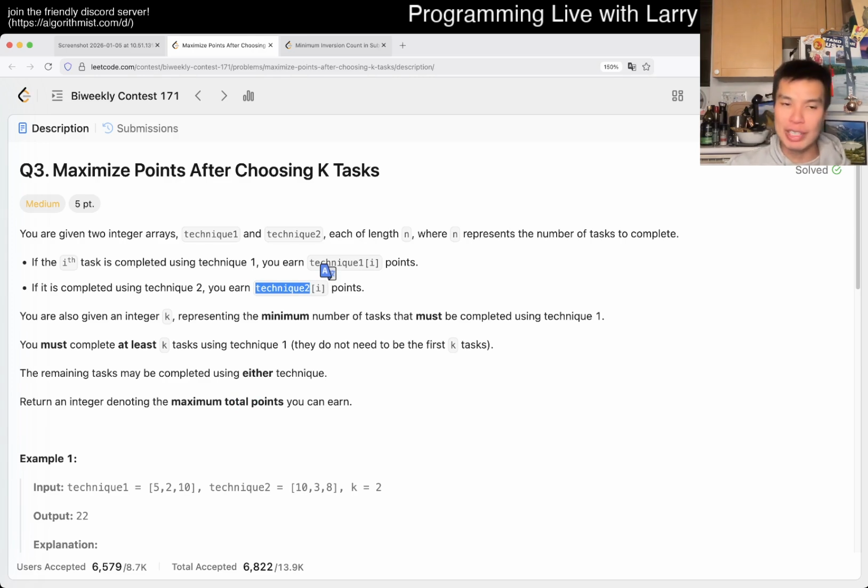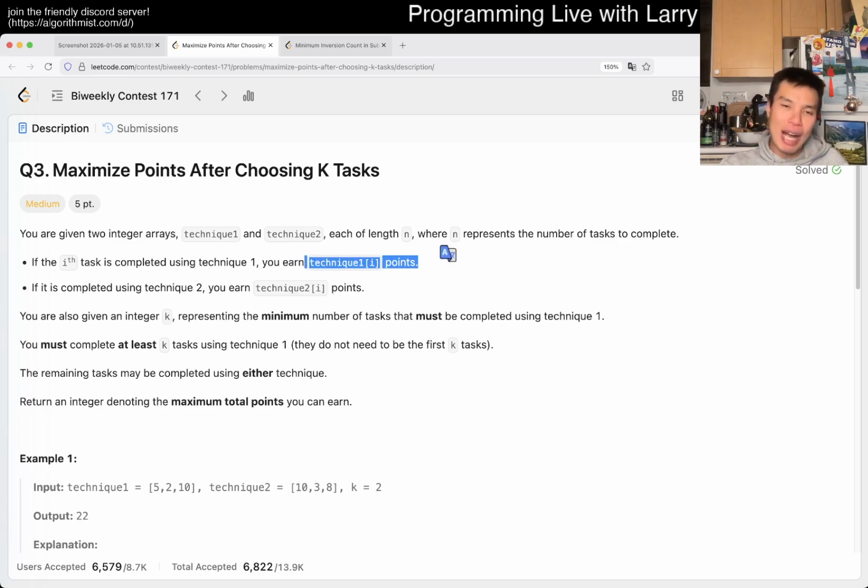So the way that I wrote it, and there are other ways of writing it for sure, is that I set the baseline as technique 2, meaning that we always choose 2, and then you get a certain amount of points. And then now you have to choose between K of them which one to choose technique 1 instead.